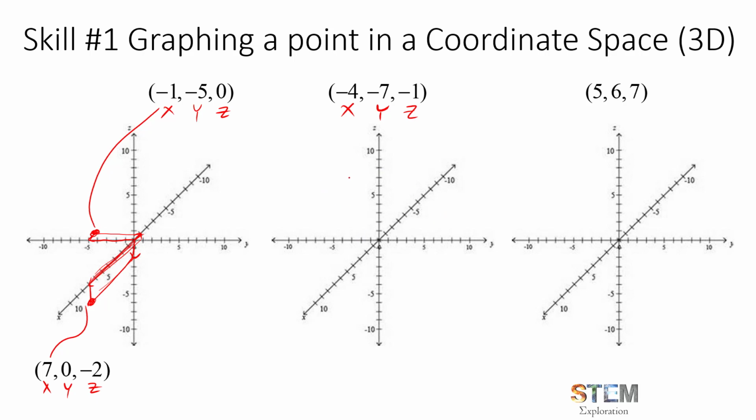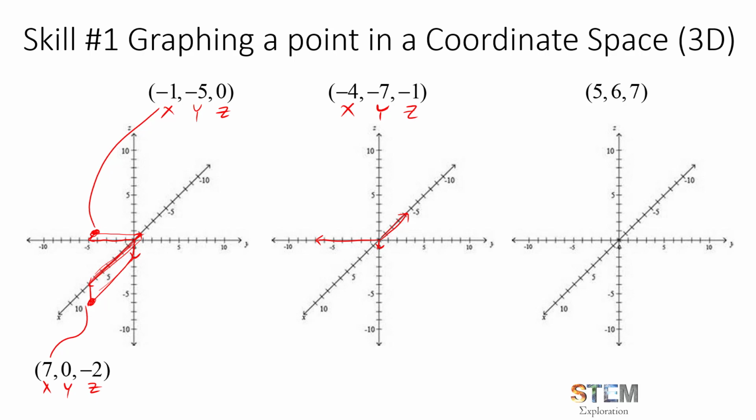So again, I'm going to do the same thing. I'm going to go -4 in the x direction, -7 in the y direction, and -1 in the z direction. All right, so you can see my relative vectors in each direction. And now I'm going to start just making a cube here.